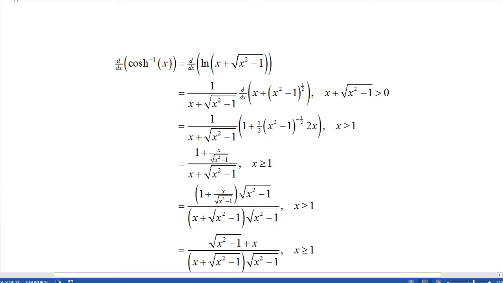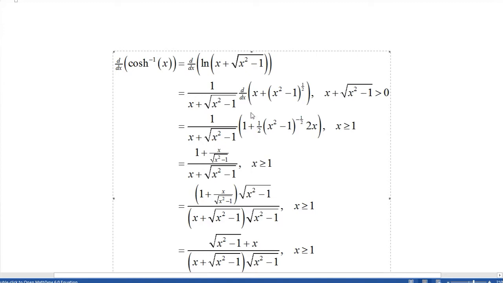So the derivative of inverse cosh of x is the derivative of ln of x plus the square root of x squared minus 1, close parentheses there. So that's the derivative of log of u, so that's 1 over u times the derivative of u. I'm going to rewrite this square root of x squared minus 1 as x squared minus 1 to the 1/2. Notice that for this to work, our property of derivatives of logarithms says the thing that was inside the logarithm must be positive for this to be the proper derivative.